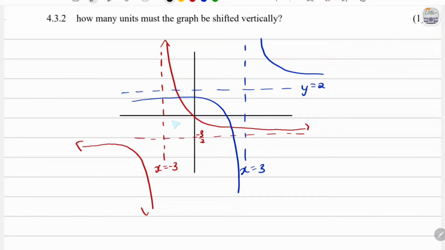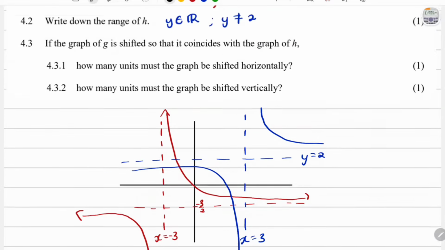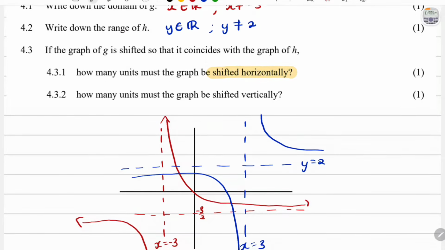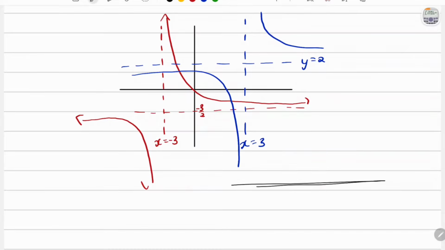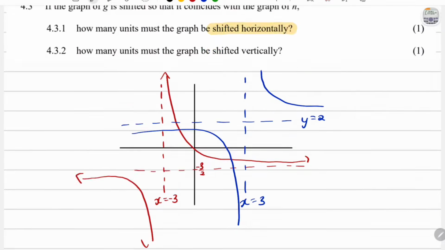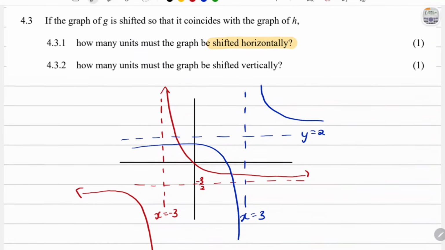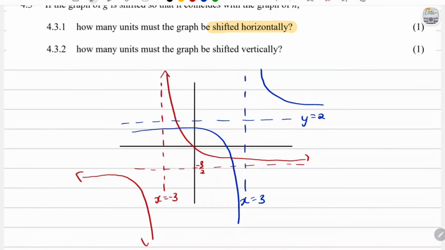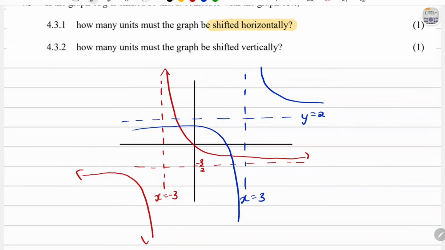So how many units should it move for that to happen? That's actually the first one they're asking for. They're asking, how should it be shifted horizontally? Horizontal shifts happen like this, left and right. Vertical shifts are up and down. So how should it be shifted so that it perfectly fits like that? Well, from -3 to 3, you moved how many units? You moved 6 units to the right, okay? You can think about it like this.